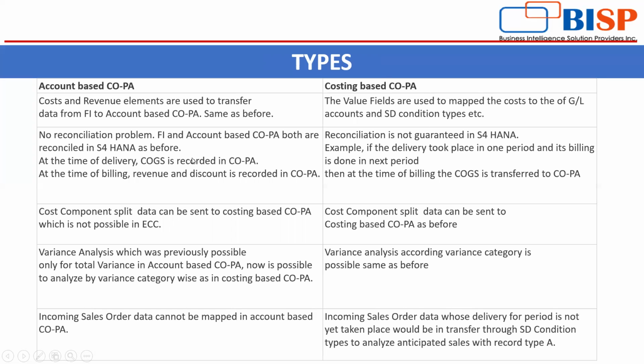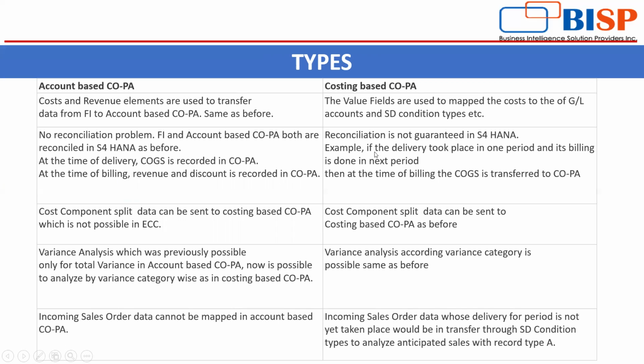And there are no reconciliation problems in account based COPA, because we have cost elements, and these primary cost and revenue accounts are now directly linked to the cost elements, and data flows directly from FI to the controlling area.